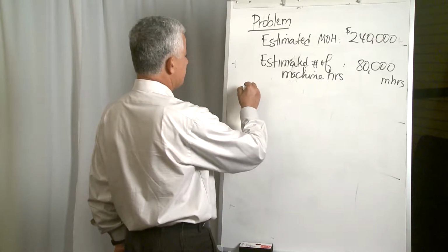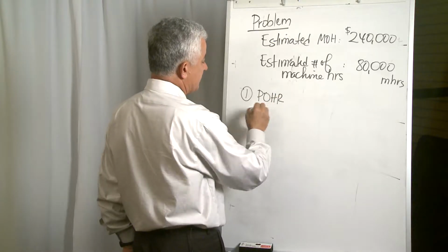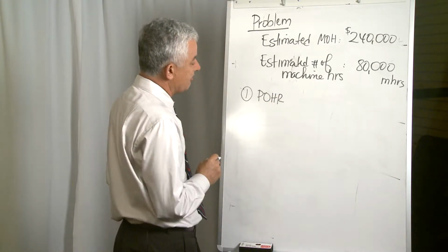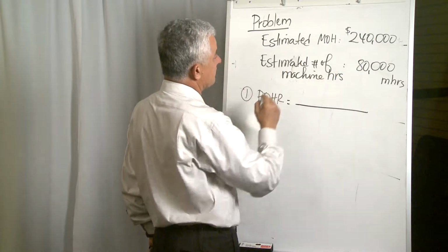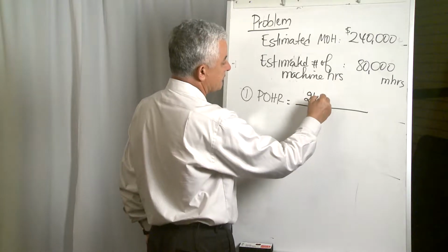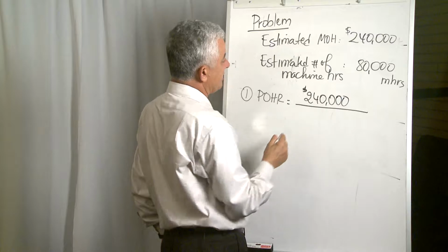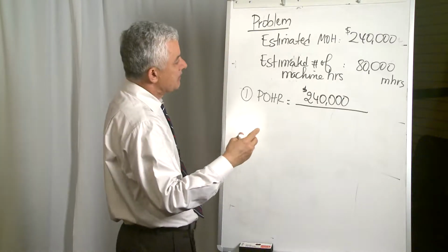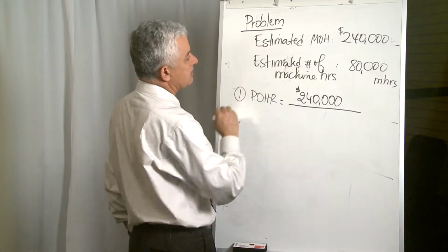Then question 1, the predetermined overhead rate, POHR. Remember, we've seen this before. The predetermined overhead rate is equal to the estimated manufacturing overhead for the upcoming period, 240,000, divided by the allocation base, which in this case is the machine hours. That means we are allocating manufacturing overhead costs based on machine hours.